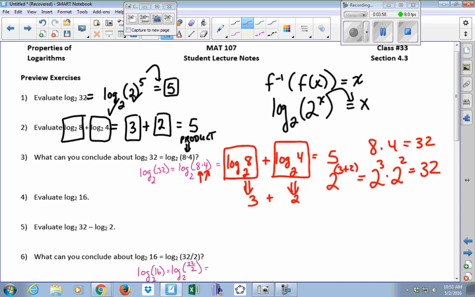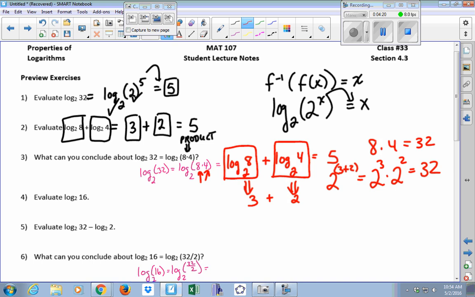Notice, when we use exponent properties, we must have the same base, and if we're multiplying exponentials with the same base, we simply add the exponents. So since logs are exponents, there has to be some relationship between exponent properties and log properties. And here it is right here.